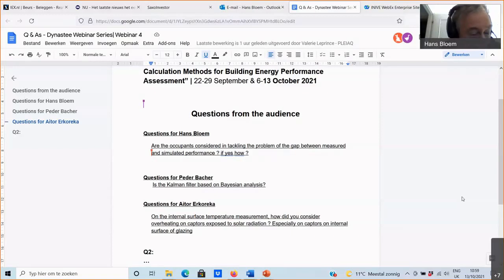When we are looking into smart metering, maybe I can ask Richard if he has additional information about how to tackle the problem of the gap between measured and simulated performance. Richard.